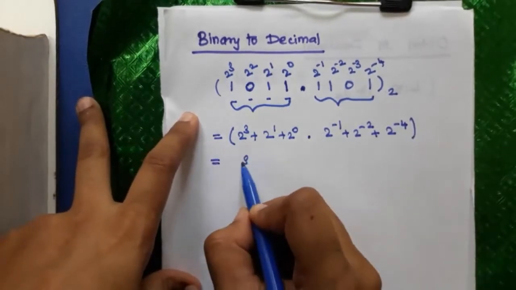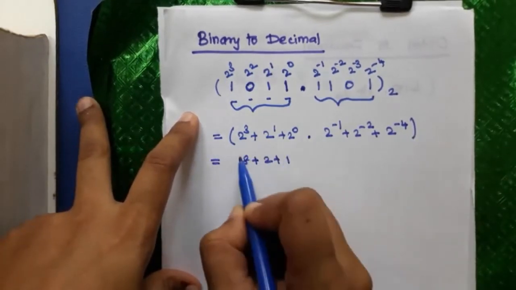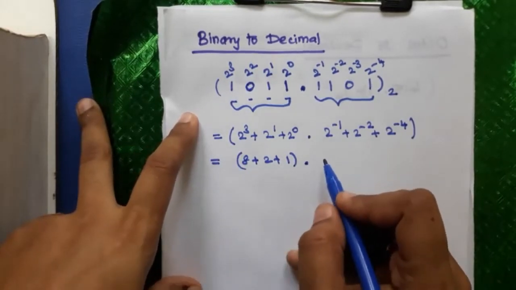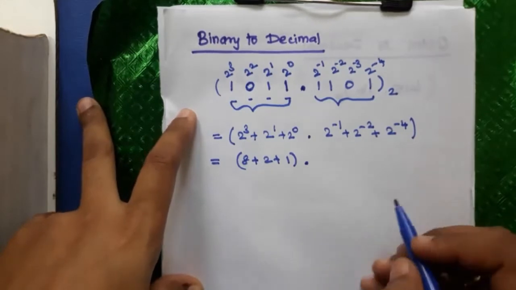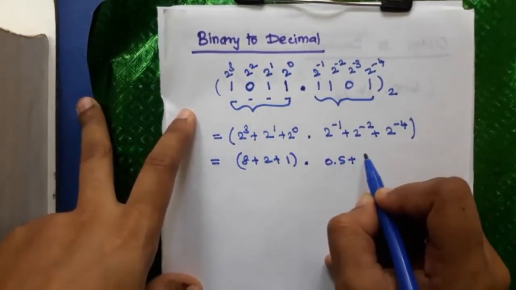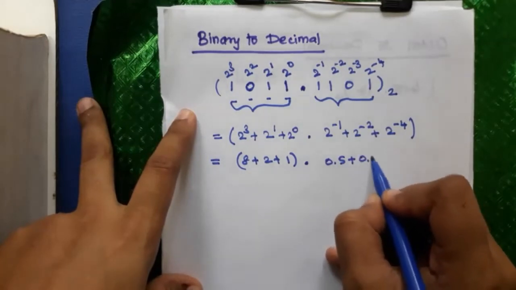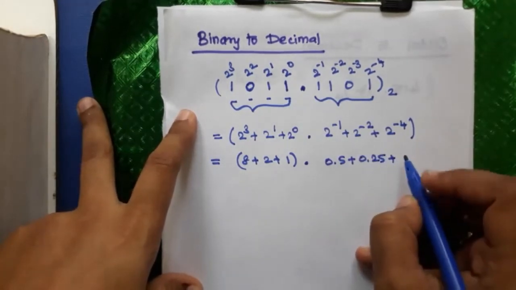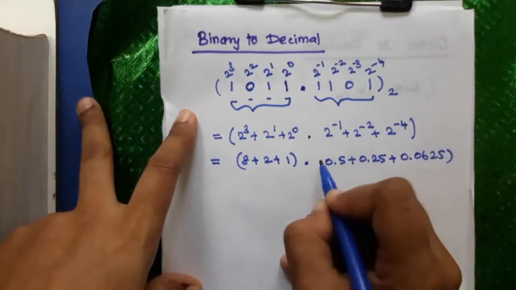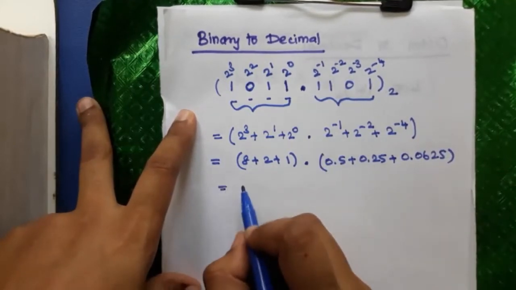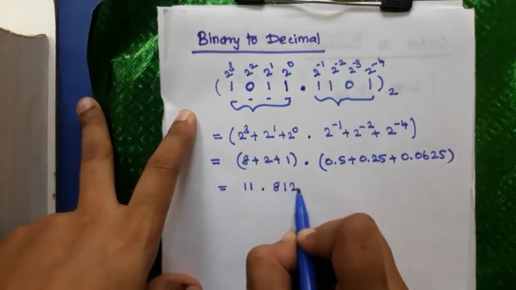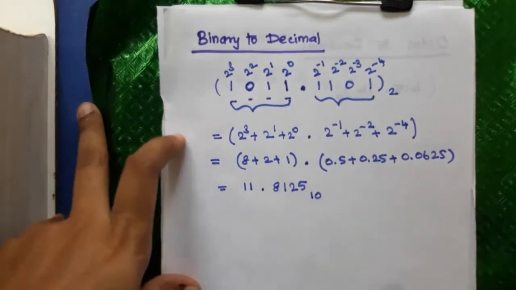It is nothing but 8 plus 2 plus 1 dot 2 power minus 1 is 0.5, 2 power minus 2 is 0.25 and 2 power minus 4 is 0.0625. So the answer is 11.8125 to the base 10.